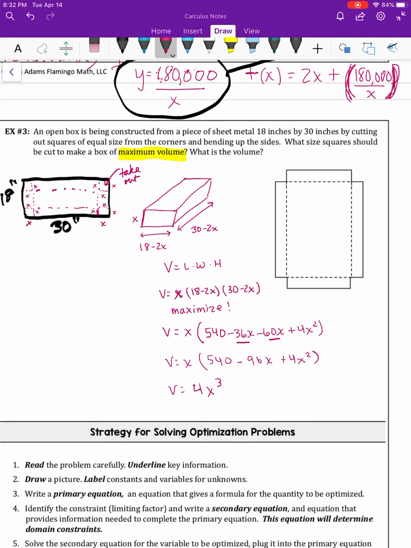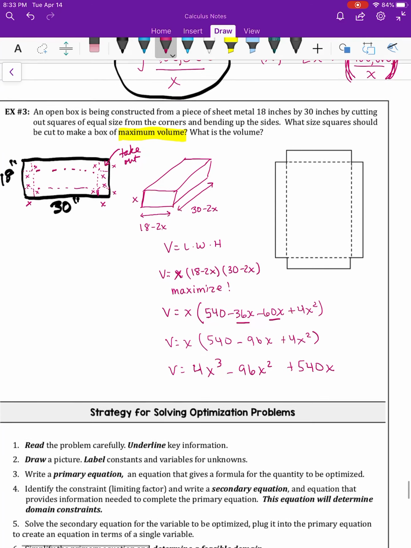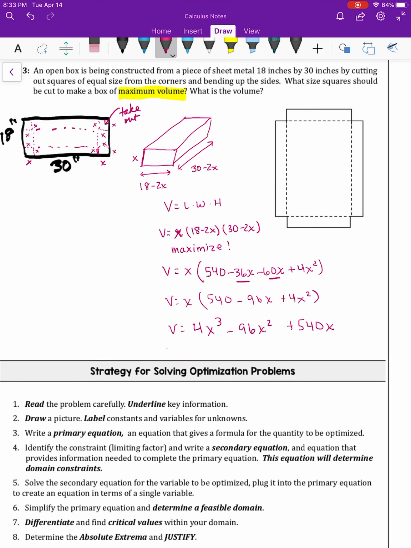And then you need to distribute your x, and I'm going to put them in order also, meaning I'm going to do x squared, x, and then, or this will be x cubed. So I've got 4x cubed minus 96x squared plus 540x.